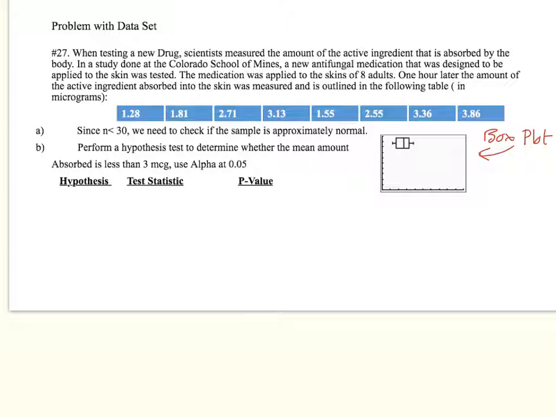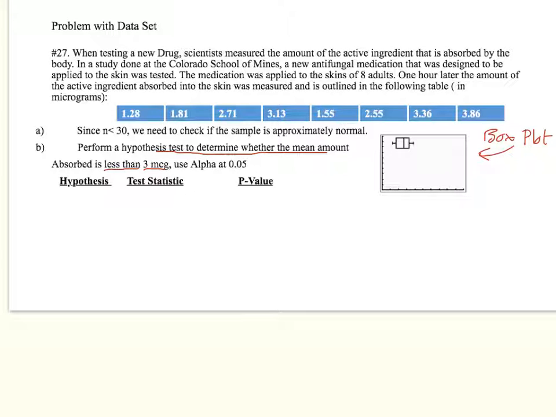Now, we want to perform the test, right? So the question is, here we want to know, perform a hypothesis test to determine whether the mean amount absorbed is less than 3 micrograms.